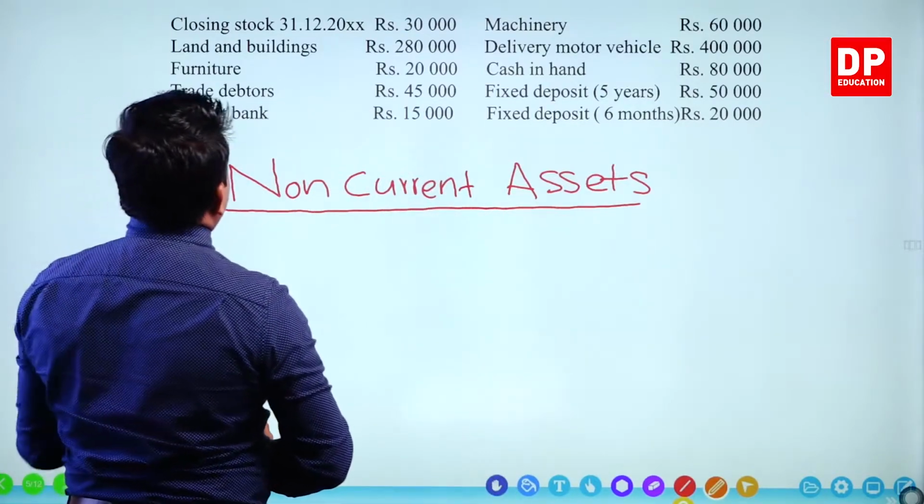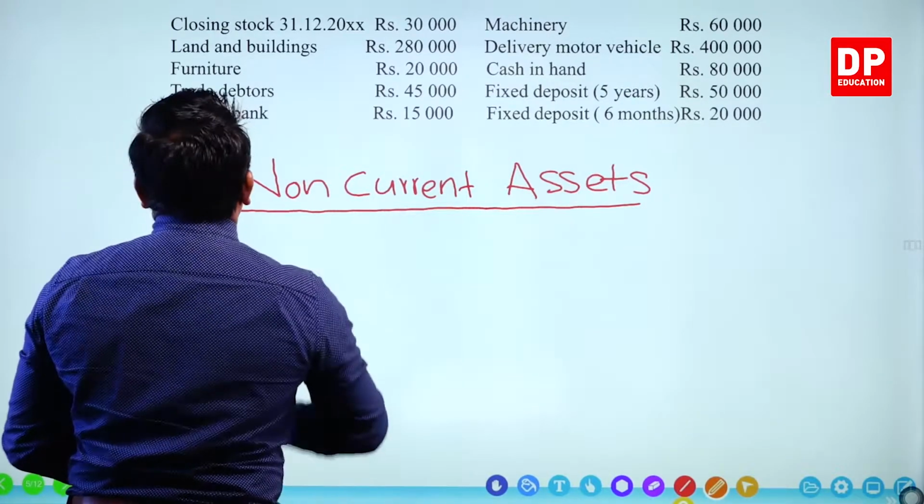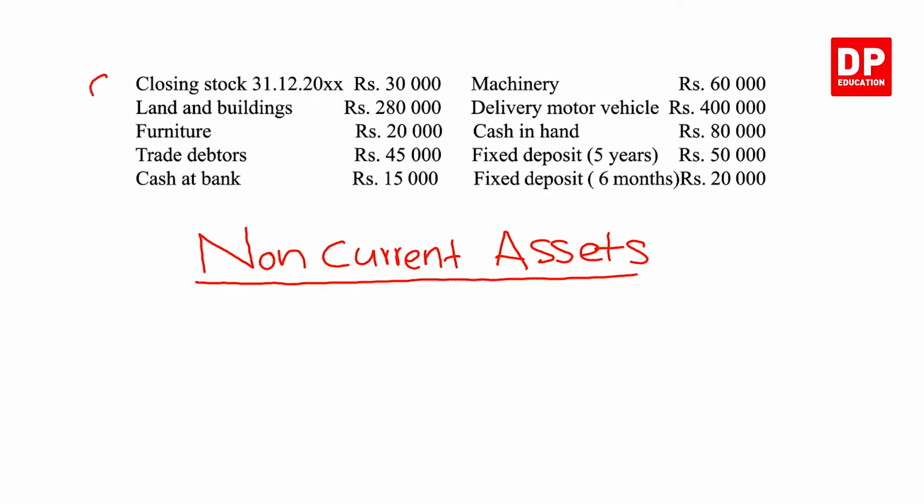Then tell me, closing stock: current assets or non-current assets? Current assets. If you want, it's easy for you to mark them. Land and building, non-current assets. Furniture also non-current assets. Trade debtors, current assets. Cash at bank, current assets.